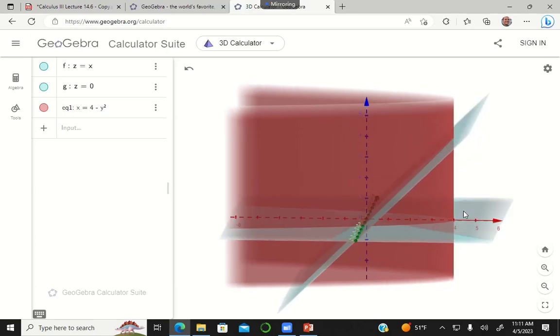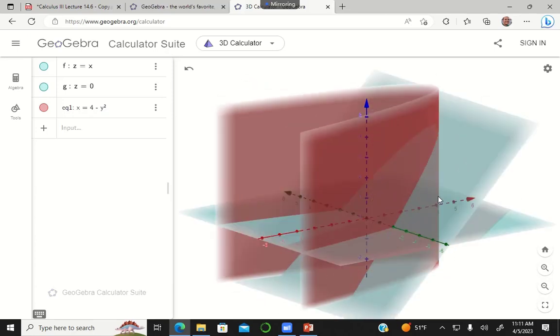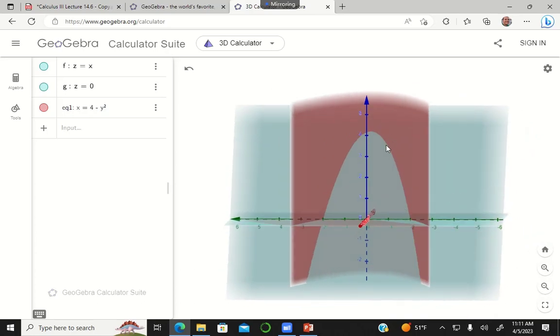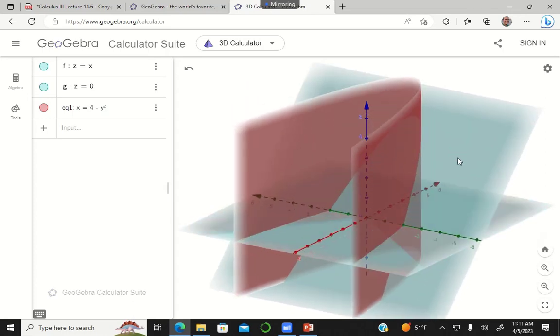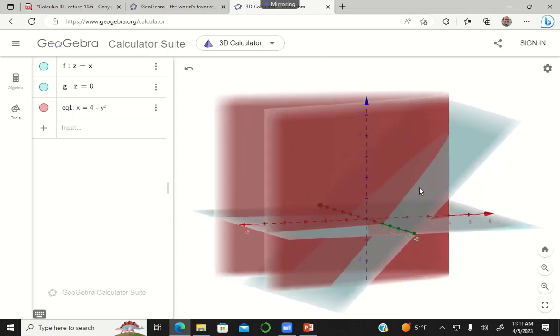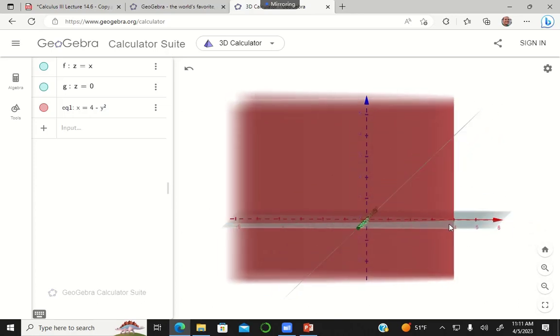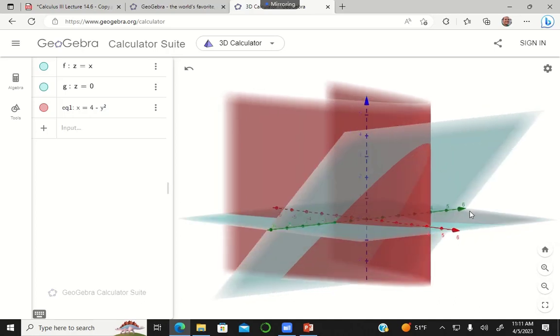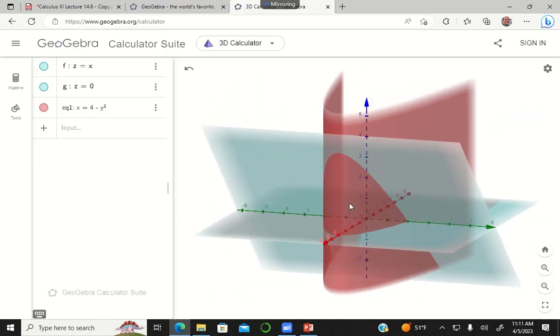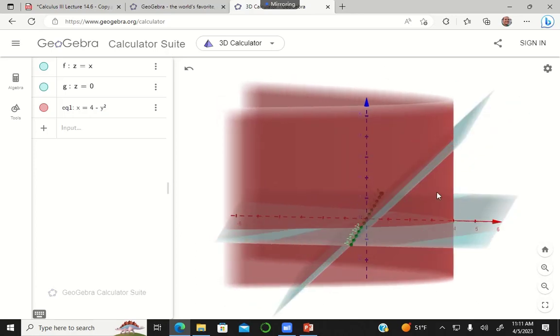So it's a situation where the lower bound of x is going to be given everywhere by a function of z, right? Because the plane z equals x forms the lower bound of all my x values of this solid. But actually the upper bound of the x values is going to be a function of y, because the upper bound of my x values in the solid is going to be that parabolic cylinder.